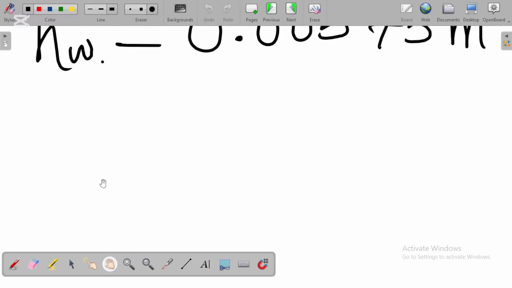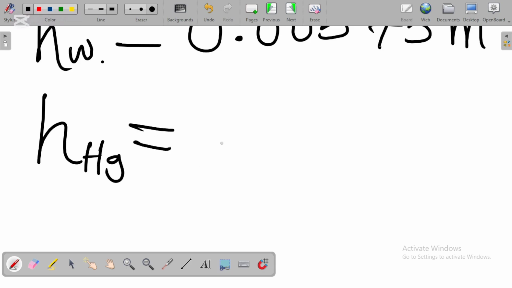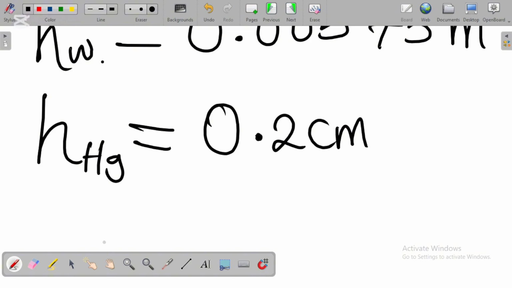Alright. So the height of the mercury is H subscript Hg, which is equal to 0.2 centimeter. We are going to convert from centimeter to meter. H is always in meter. Take note of this.